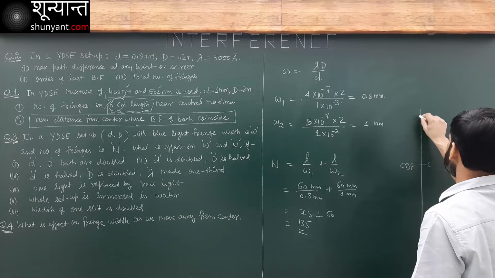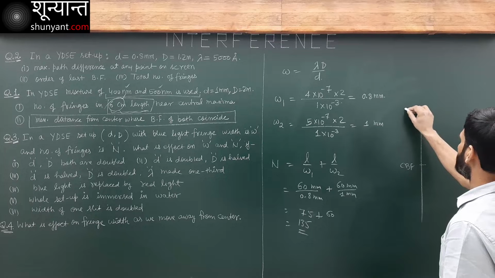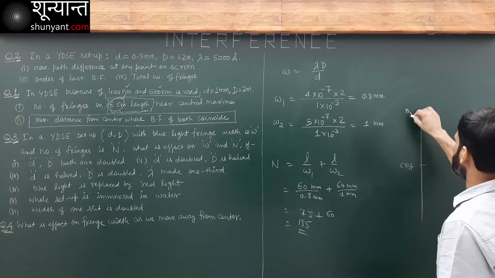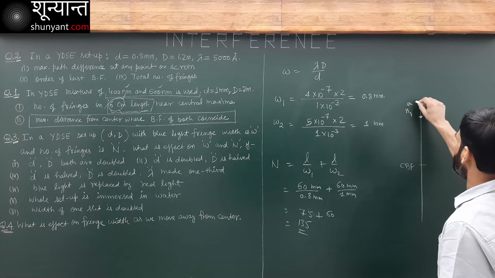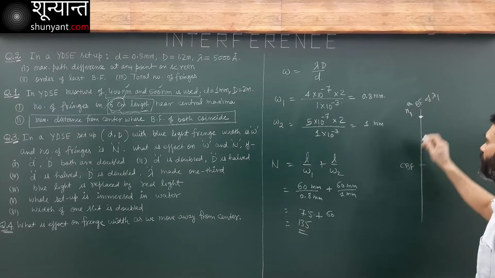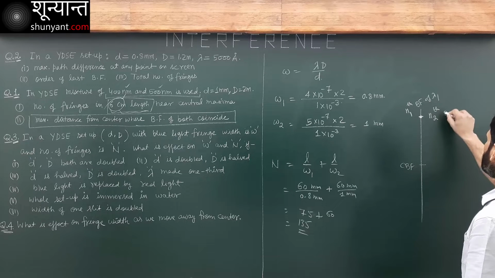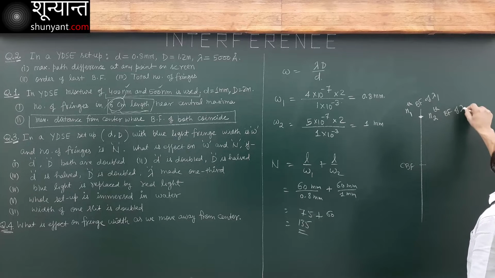At this point, I get the n1th bright fringe of lambda 1. At the same point, I will get the n2th bright fringe of lambda 2.